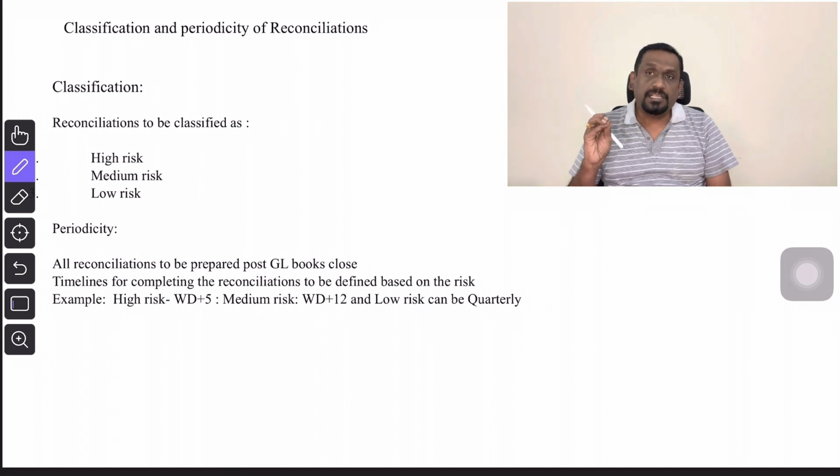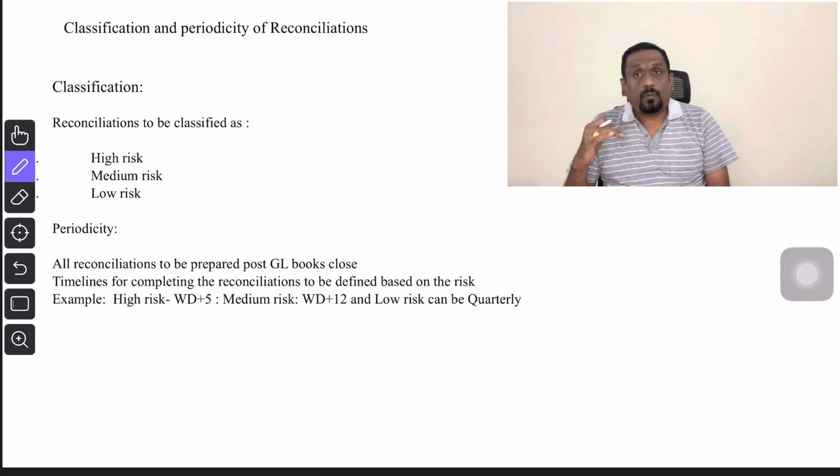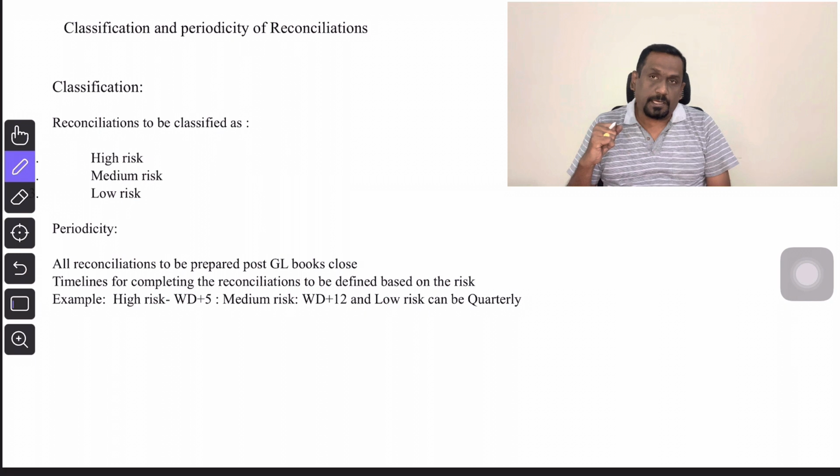In the majority, what they do is half-yearly. What do you mean by review? The meaning of the review here is they will take the list of accounts from the trial balance to be reconciled and see how many transactions are being posted in each account.